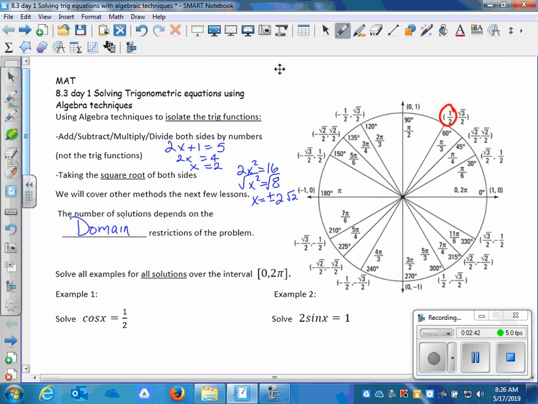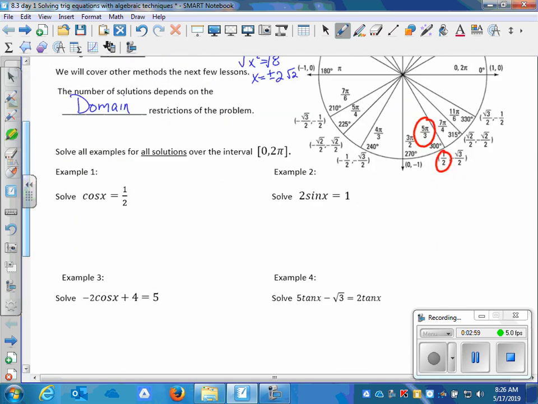So we've got the 1/2 here, those are negative, and down here these are positive. So what 2 angles correspond to those? So you've got pi over 3, and you've got 5 pi over 3. So you get 2 solutions in this particular case.